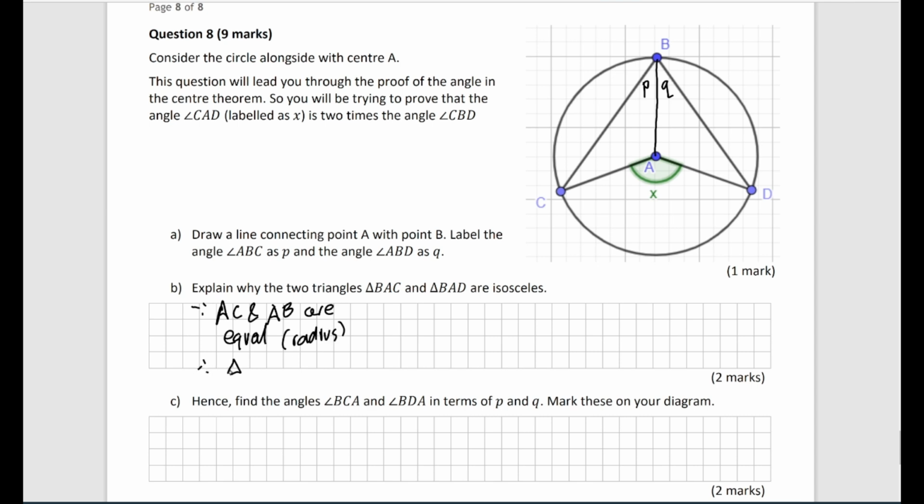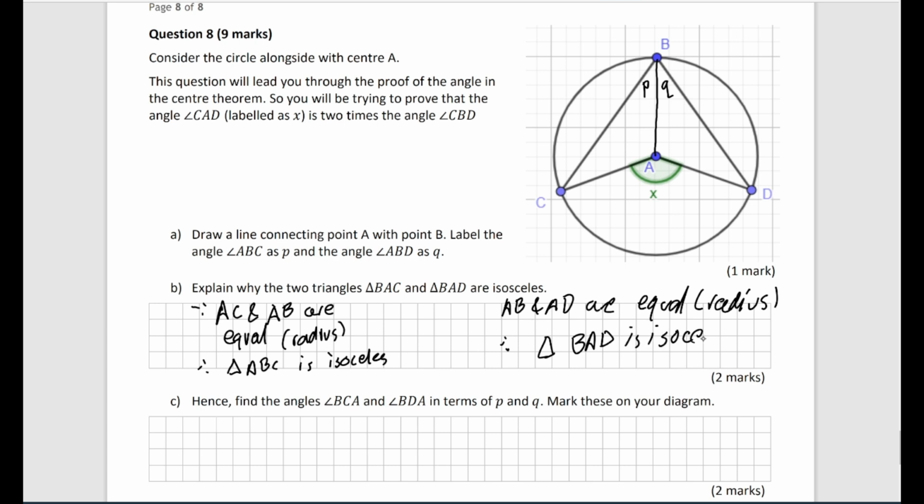Therefore, triangle ABC is isosceles. And then AB and AD are equal because it's a radius. Therefore, triangle BAD is isosceles. Both of them are isosceles.